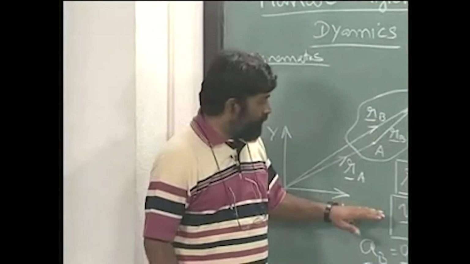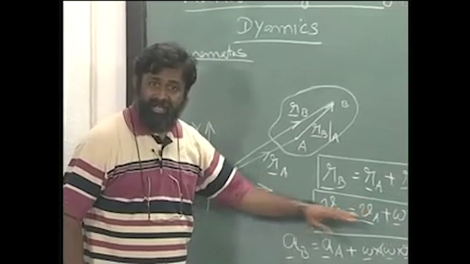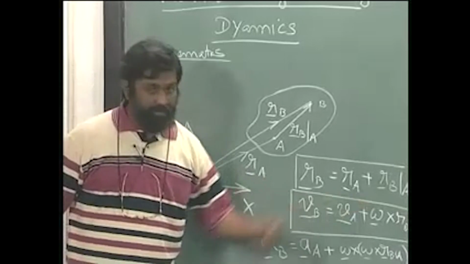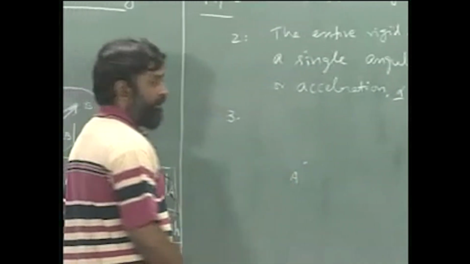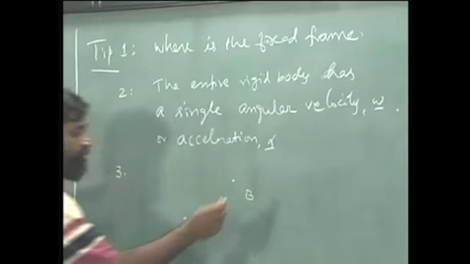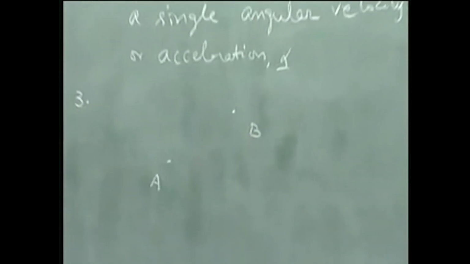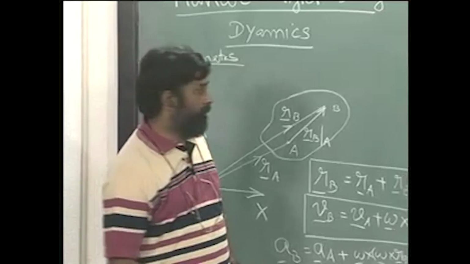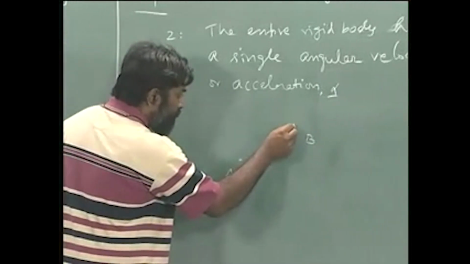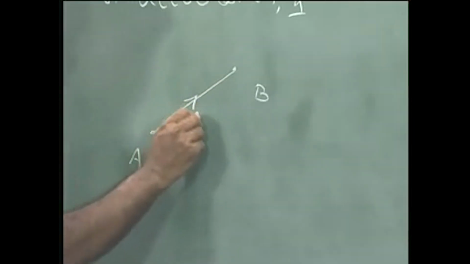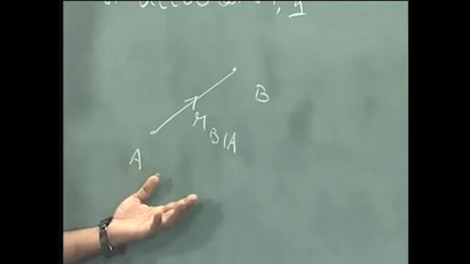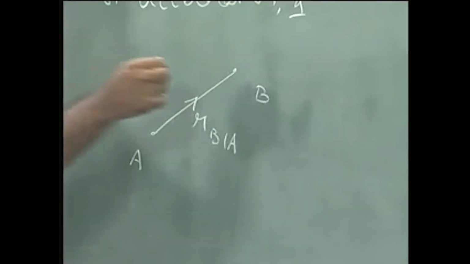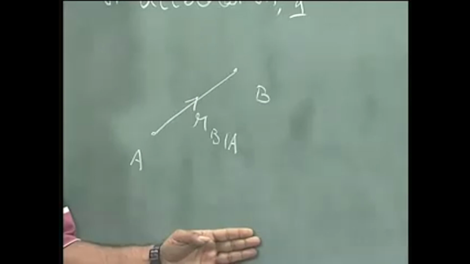The other tip concerns getting an idea of the directions. So, let us look at this particular case. I have point A over here, and point B. I am just looking at these two points on the rigid body. This is RB with respect to A. And how about omega? Omega is directed outward from the board.